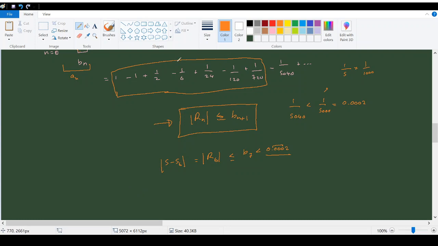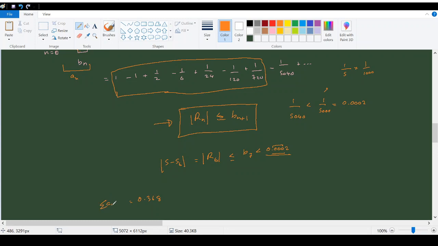Now by using a calculator, if you compute this one, it will be equal to 0.368. So the difference between the actual answer and this value will be less than this amount. In other words, it is accurate up to the first 3 decimal places, right?